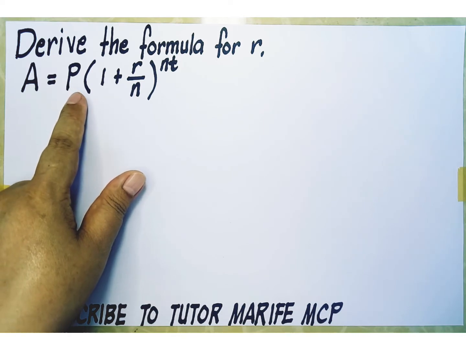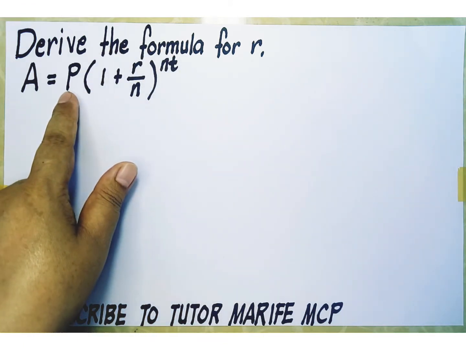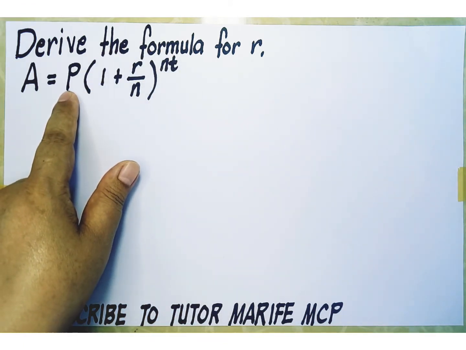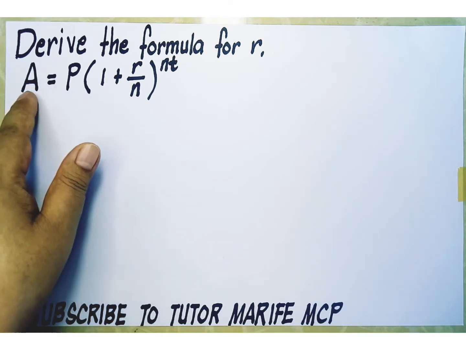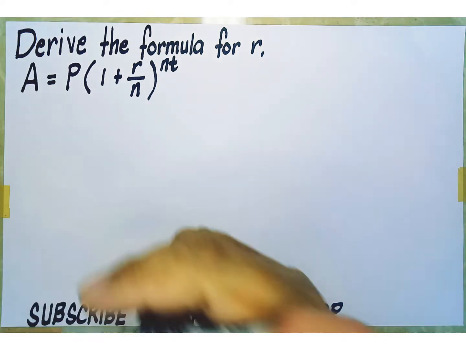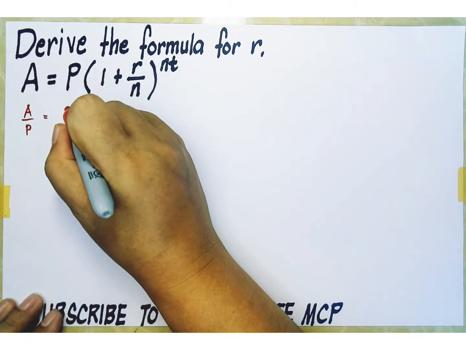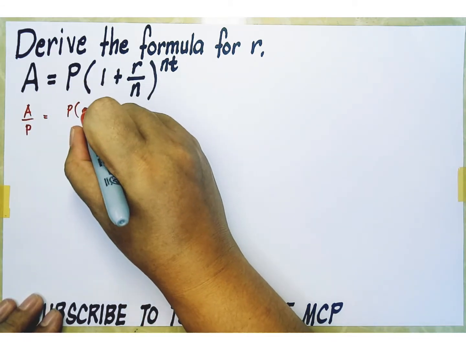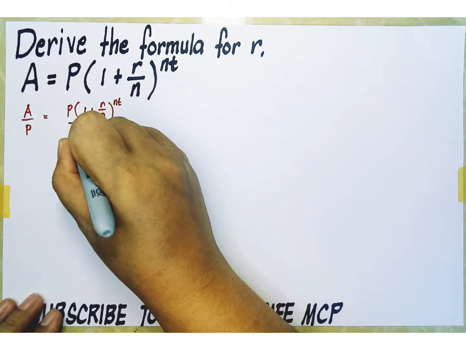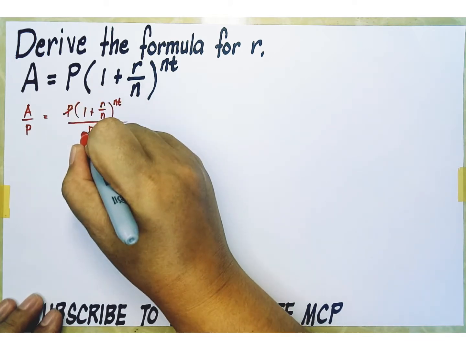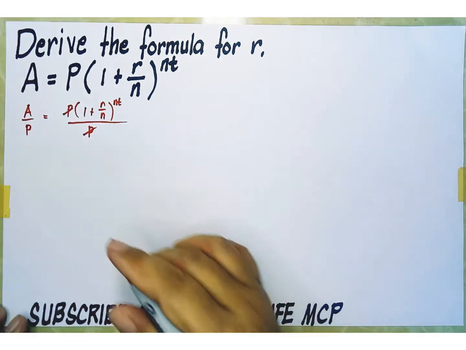Since P is being multiplied to the exponential part on the right side, I'm going to eliminate it using division. Divide both sides by P. A divided by P, and the right side divided by P. Okay, so P is eliminated from the right side.